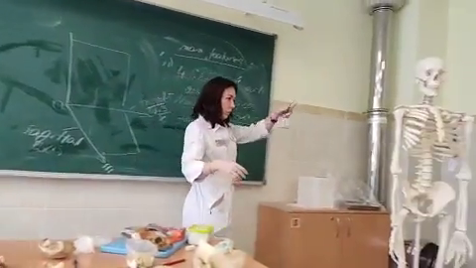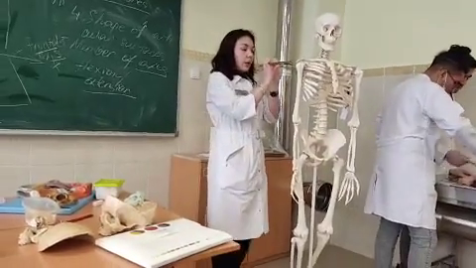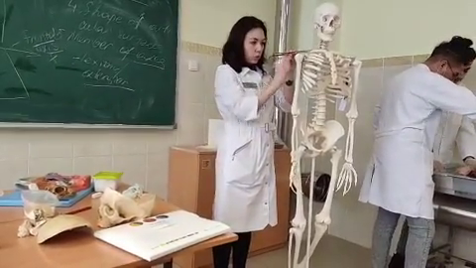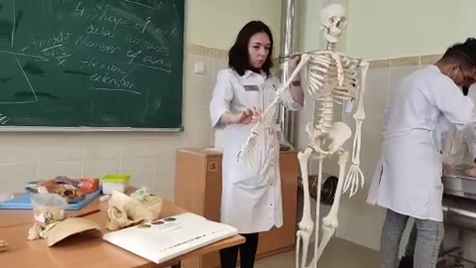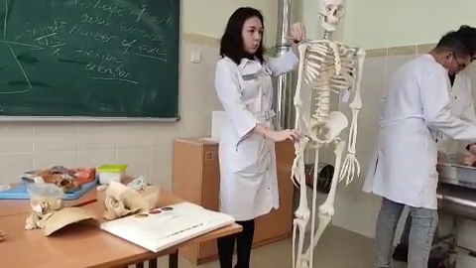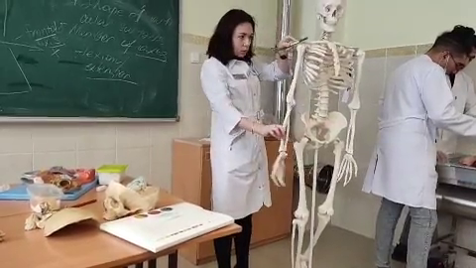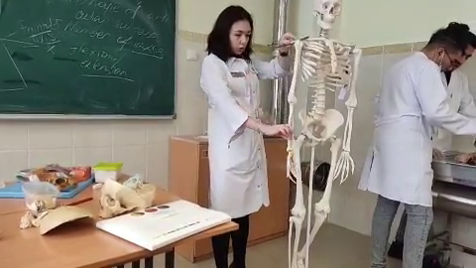If we look at the upper limb, we conduct the axis through the center of the joint. These are movements around the frontal axis, flexion and extension. This is around the sagittal axis.